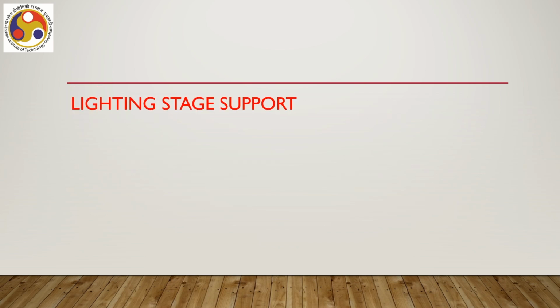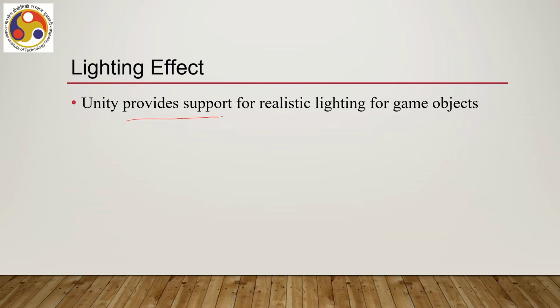Then let us have a look at the lighting stage support. So, how Unity supports different lighting calculations. Unity provides support for realistic lighting for game objects. Here again I would like to emphasize once more that when I use the term Unity, I am not referring to the Unity 3D game engine, which is a middleware.